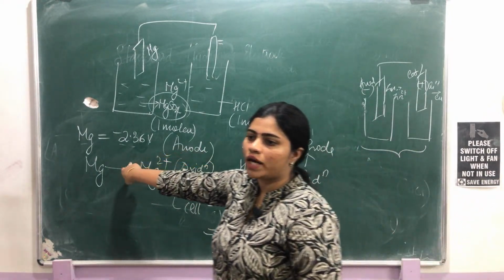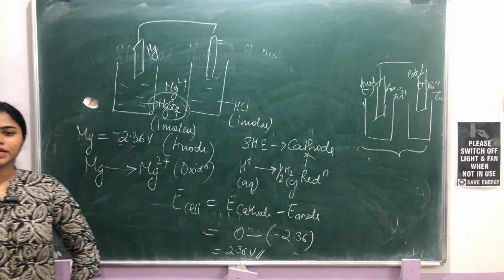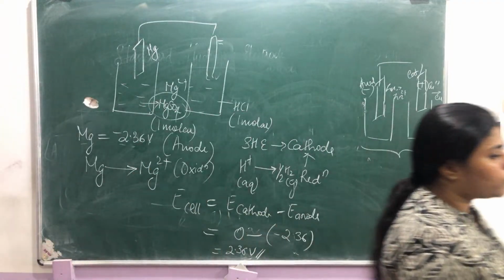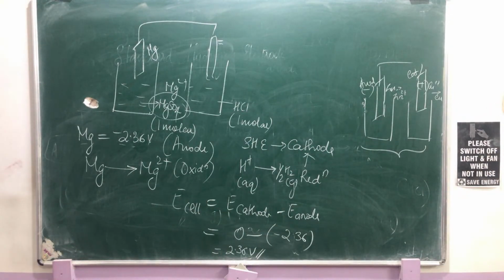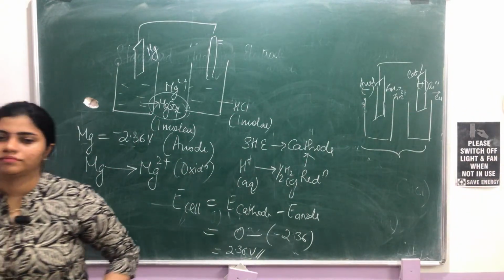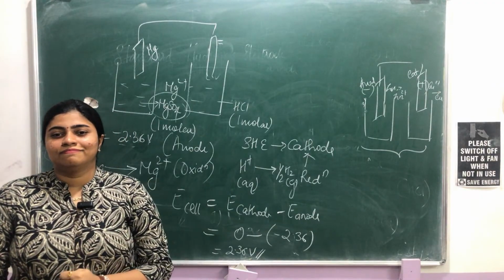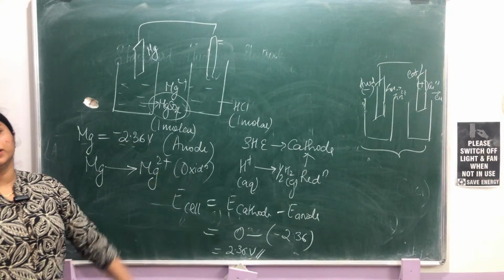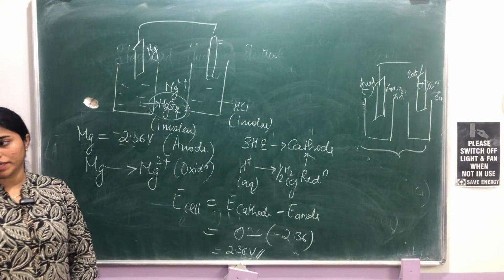The more negative the value of standard reduction potential, SRP, the stronger the reducing agent it will be.